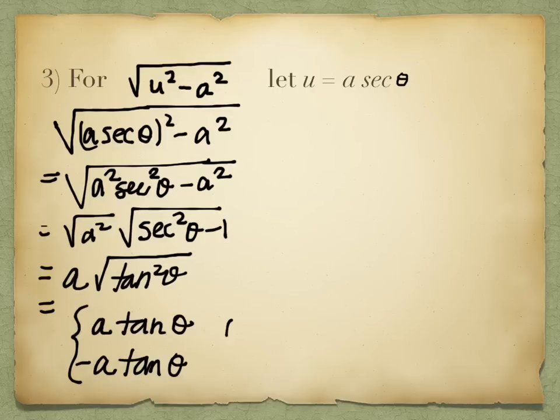If 0 is less than theta is less than pi halves, we end up getting A tangent theta. But if we move on and look in quadrant 2, from pi halves to pi, I actually get negative tangent values. Do you remember the acronym from trig class, that in quadrant 2 tangent is negative?